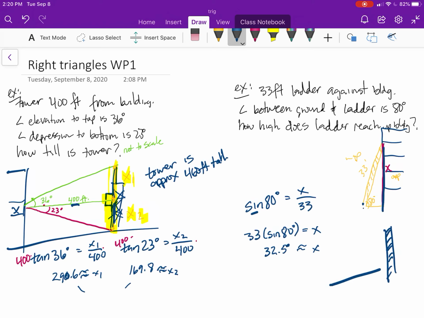If this were a 10-degree angle, then that ladder's like down here against the building, then it really wouldn't make sense that this 33-foot ladder went up 33 feet against the building. Okay, the steeper this angle, the closer this opposite side is to what the hypotenuse would be. So how high up does the ladder reach? It reaches approximately 32.5 feet up the building.